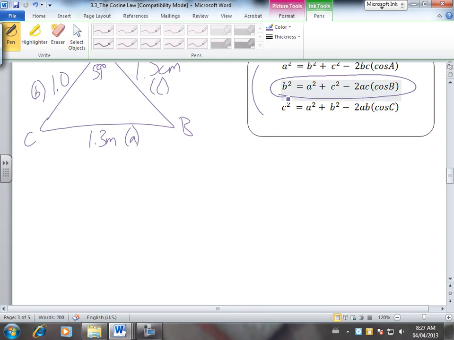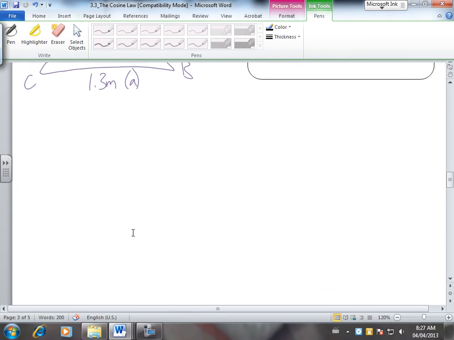Do we have all three sides? We have side B, side A, and side C, so we're okay because we only want one unknown in there. So let's find angle B.